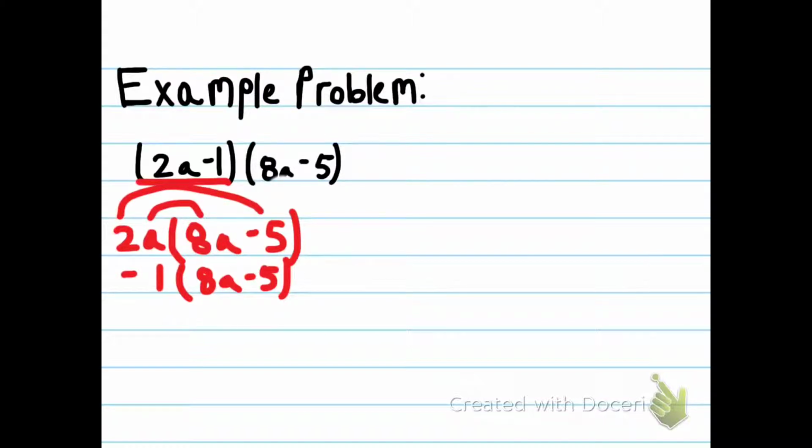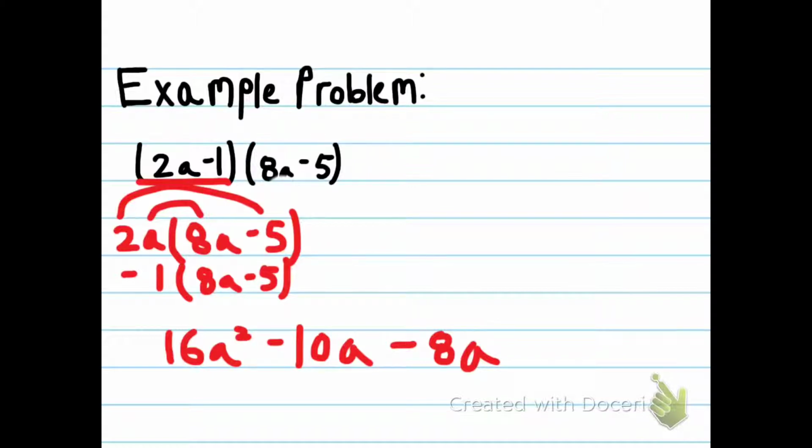So 2a times 8a is 16a squared. And then negative 5 times 2a is negative 10a. And then for the next one, negative 1 times 8a is negative 8a.